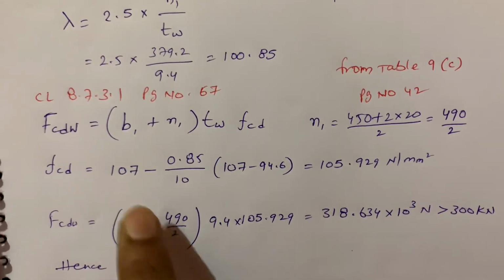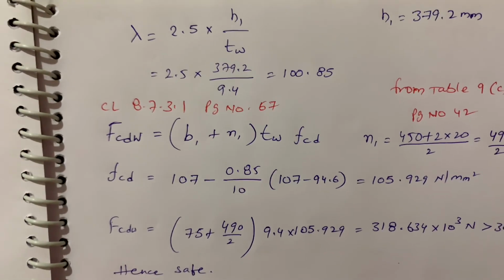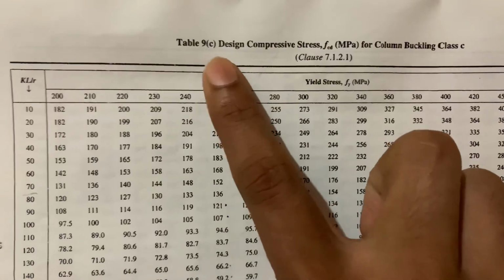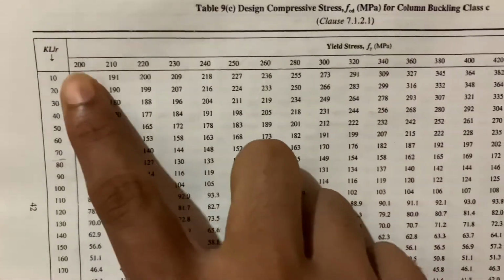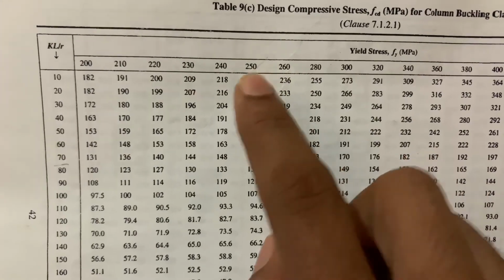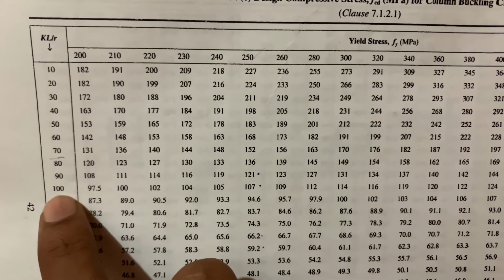I'll show you how the values are listed on page 42. This is Table 9C, page number 42. KL by r is the slenderness ratio, and the yield stress is 250, and our value is in between 100 to 110, so 100.85.